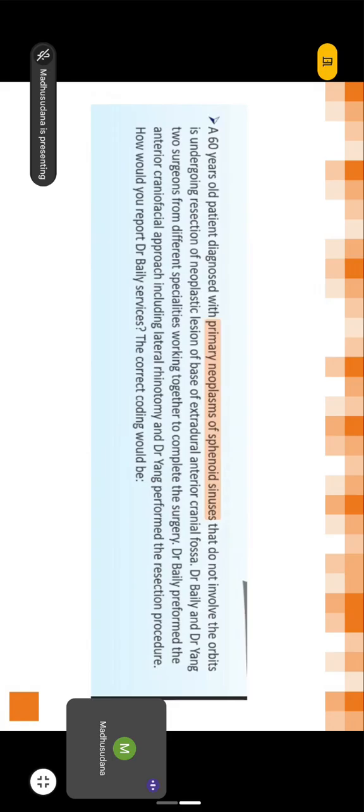I said, right, 62 is not allowed. Okay. 61580 is enough. They are asking only for Dr. Bailey's service, not for Dr. Al's procedure. What Dr. Bailey has done, they are asking for that. That's it. So do not report modifier 62.